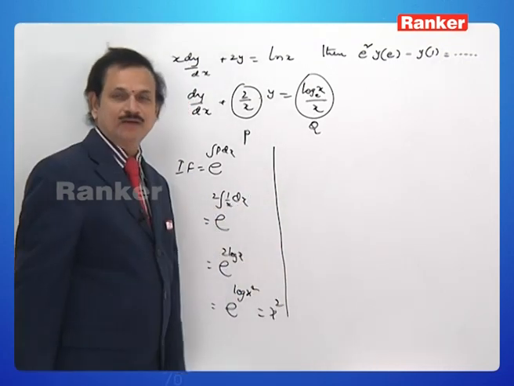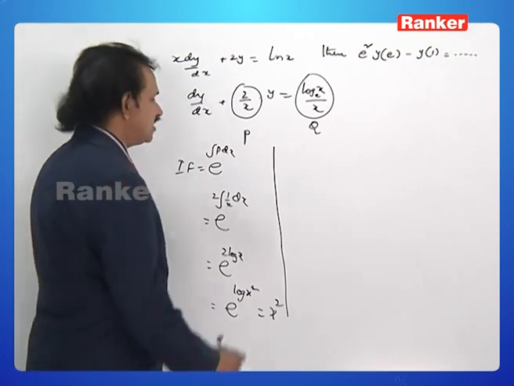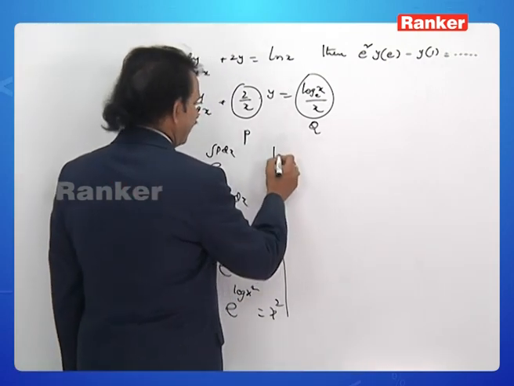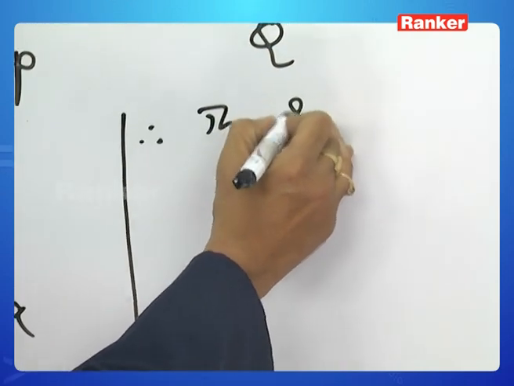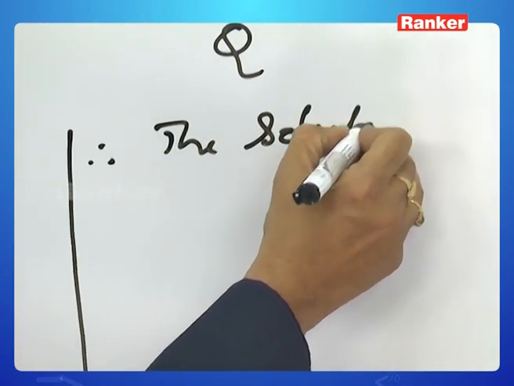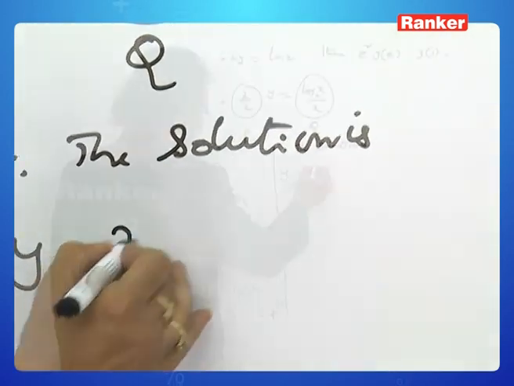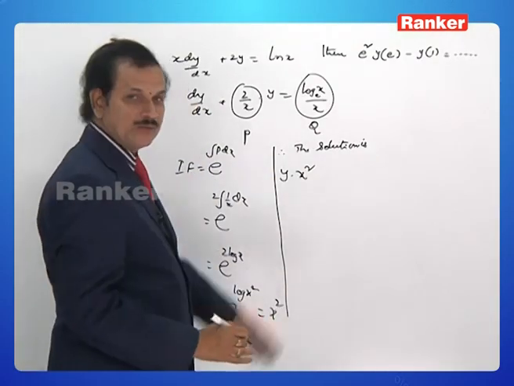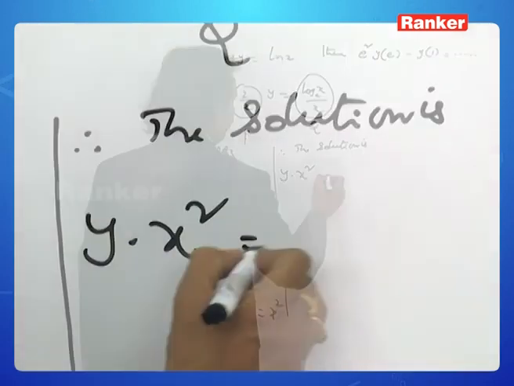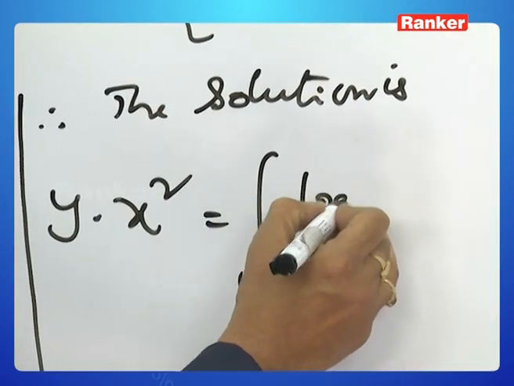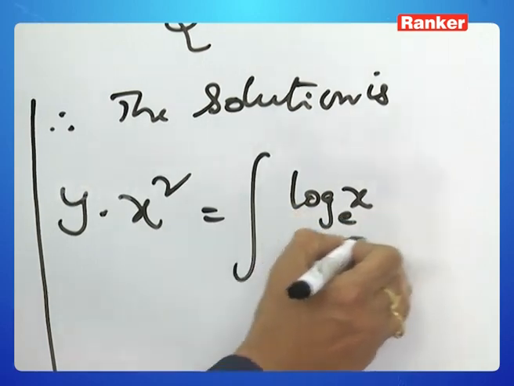What is the second step? To get the solution. Therefore, the solution is, come on, y into integrating factor, that is y into x square, is equal to integral of Q into x square. What is Q? Log x to the base e by x.